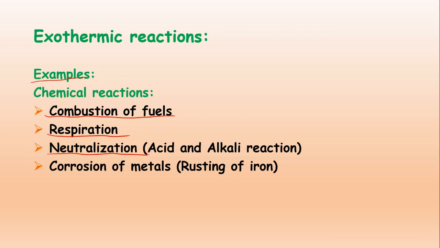Neutralization means acid plus alkali or acid-base reaction. And last, which is very important, is corrosion of metals or rusting, especially of iron. This is also an example of an exothermic chemical reaction, right?